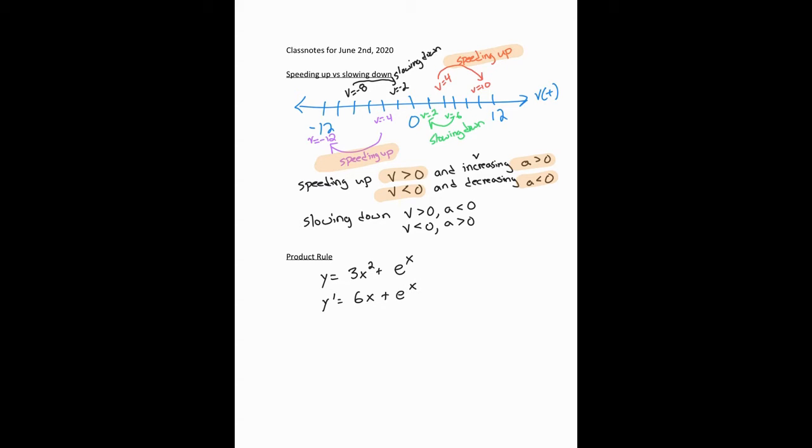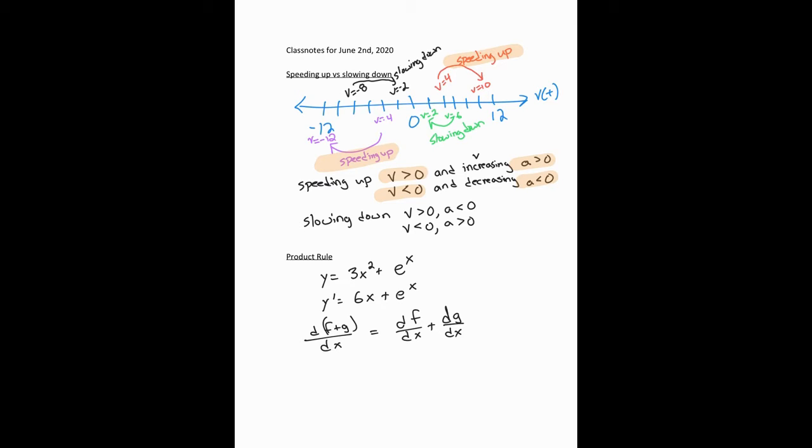So this is basically saying that the derivative of a sum is equal to the sum of the derivatives. So you find the derivative of f, you find the derivative of g, and you add those two derivatives together.